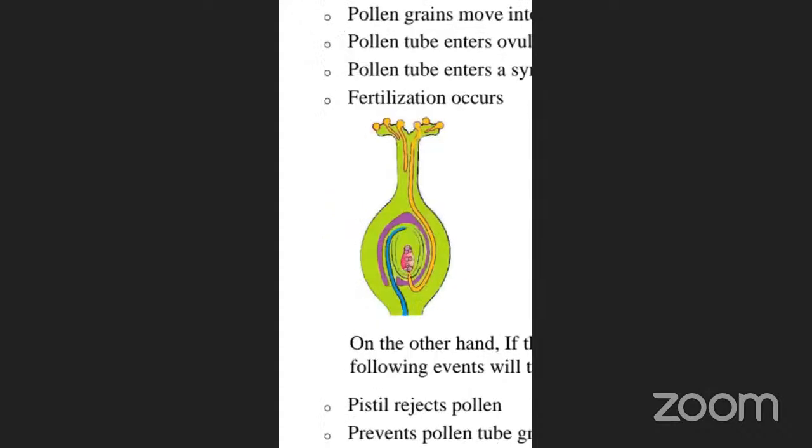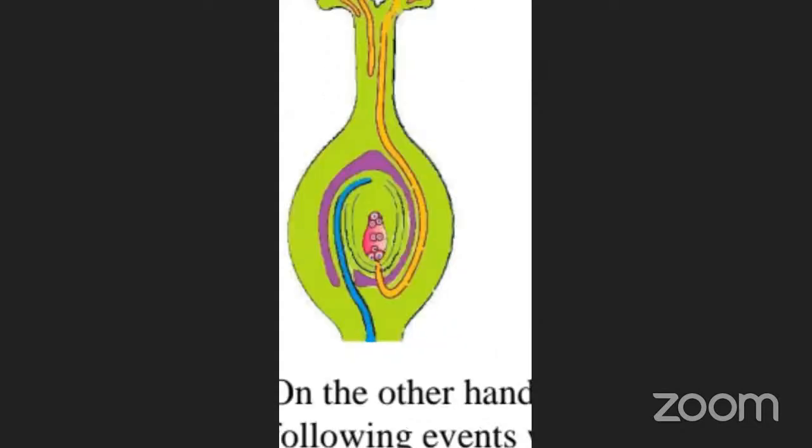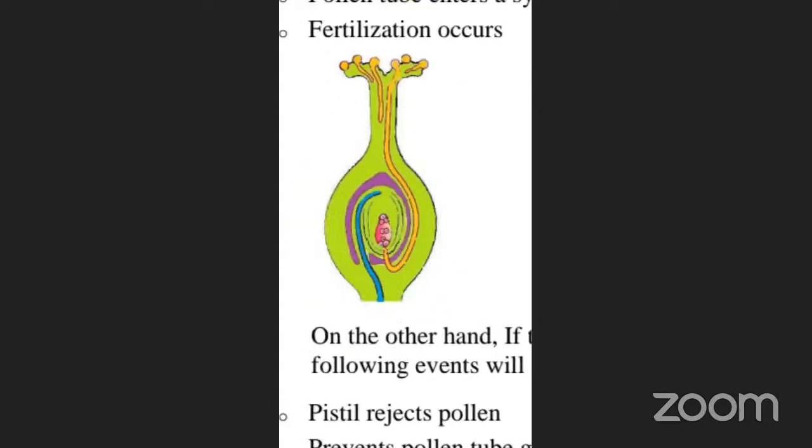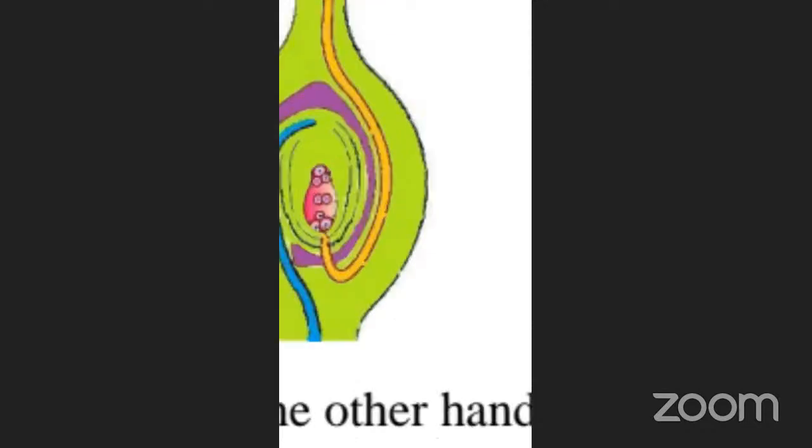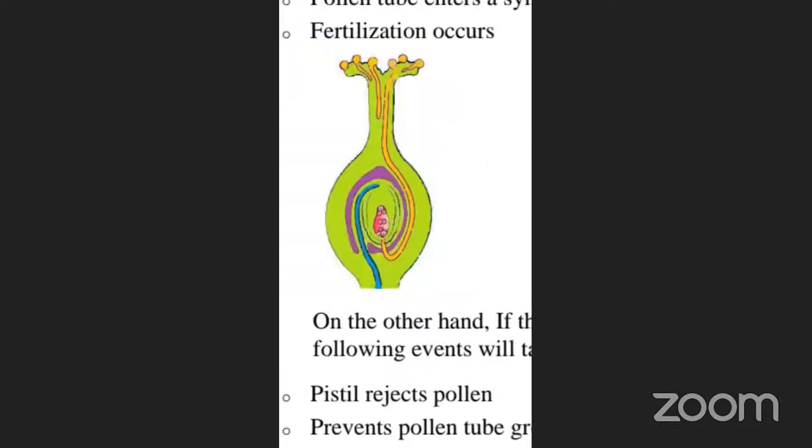See here, this is the micropyle region. This is the integuments. Centrally, the pink colored part is the embryo sac. This is the ovule. The pollen tube comes from the stigma, then enters into the style, then gradually moves to the ovule in three ways.